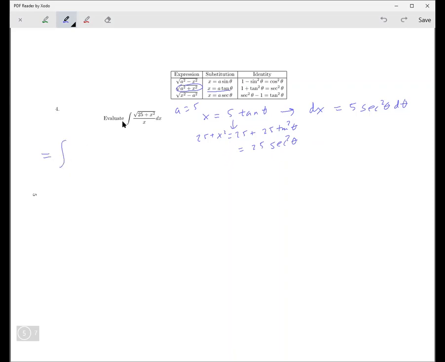Okay, so we'll go ahead and plug everything in. Here, this is an indefinite integral. There's no limits of integration, so that's nice, I guess. 25 secant squared theta over, and then x is 5 tangent theta, and then dx would be this.